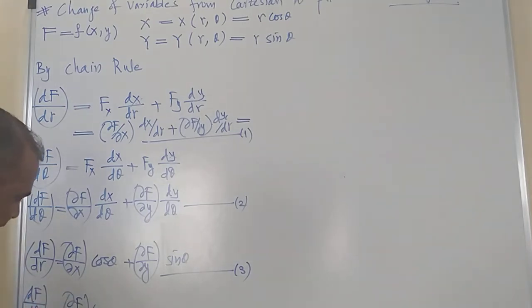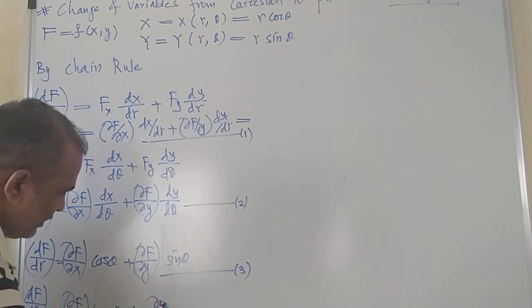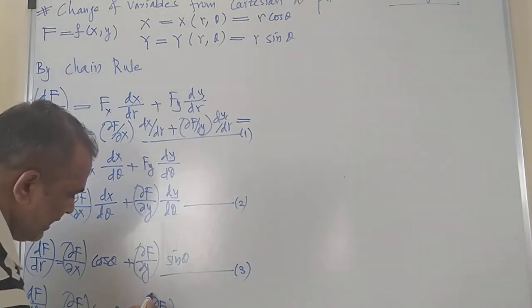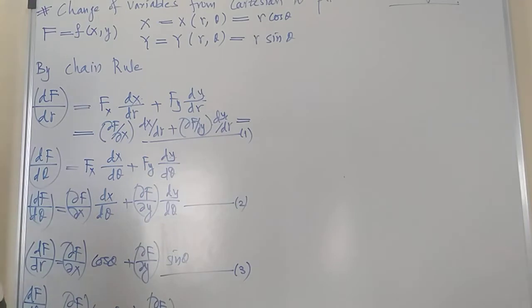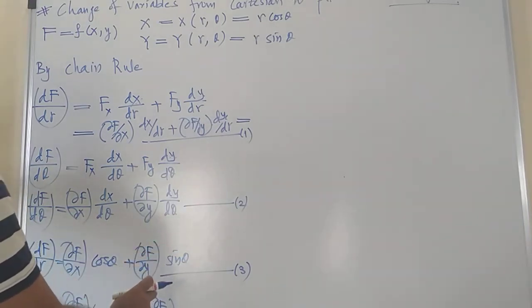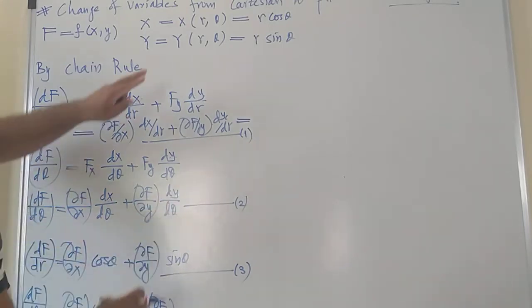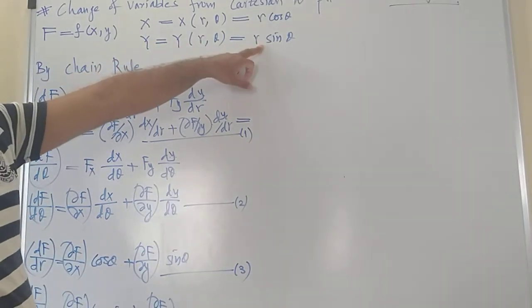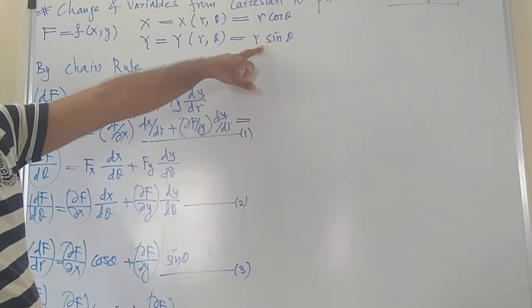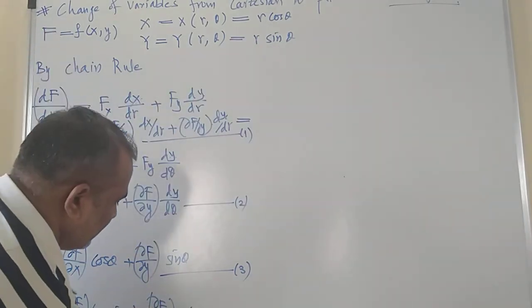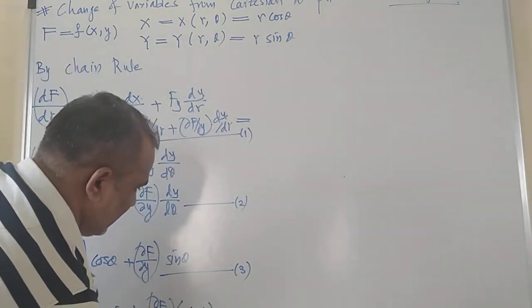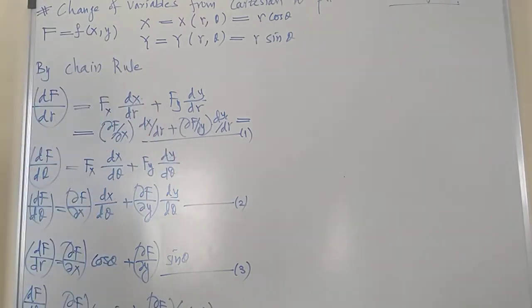So this will give me minus r sin theta, plus dou f by dou y as it is into differentiation of y with respect to theta, which will be, r is a constant and differentiation of sin is cos theta. So r cos theta. Let us say this is our equation number 4.